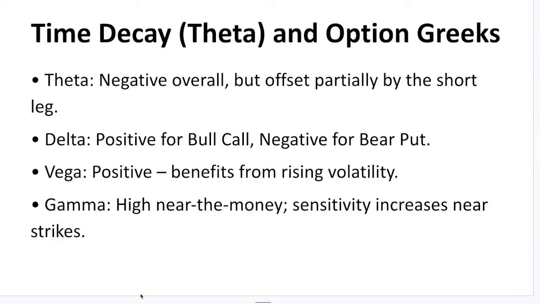So time decay, theta, in option spreads: negative overall, but offset partially by shorting legs. That means you are paying more theta if you just buy a straight call, but it is offset by a little bit of theta by selling the call. Theta means daily you pay for a premium.